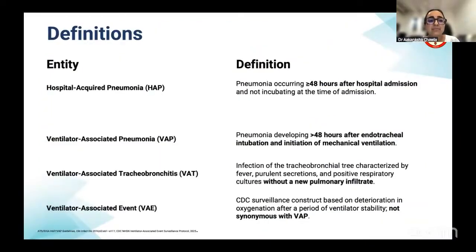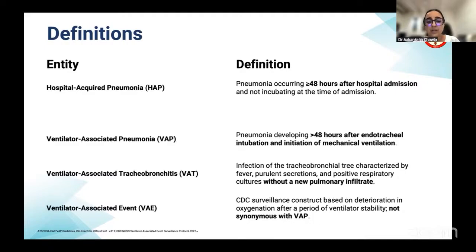So briefly, definitions. Hospital-acquired pneumonia is pneumonia that occurs more than 48 hours after hospital admission and was not incubating at the time of admission. Ventilator-associated pneumonia is the pneumonia that develops more than 48 hours after ET intubation and initiation of mechanical ventilation.